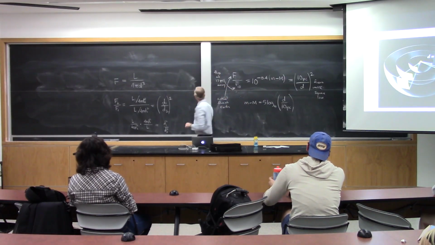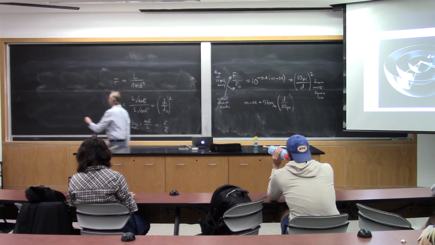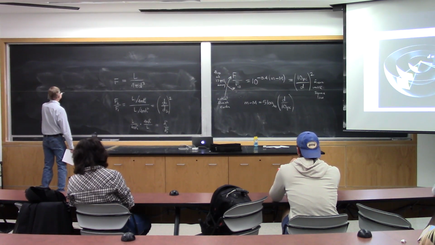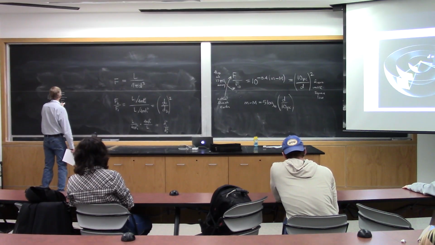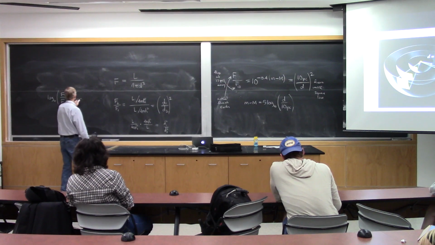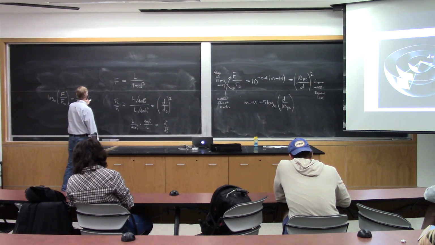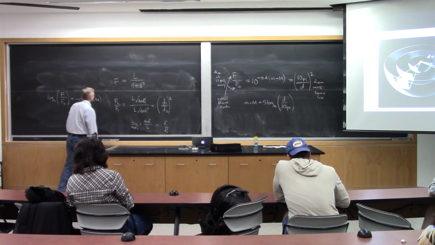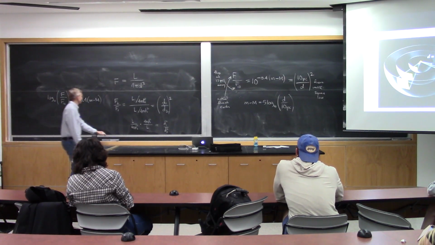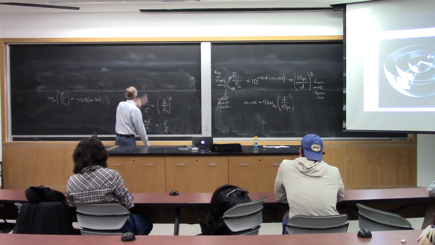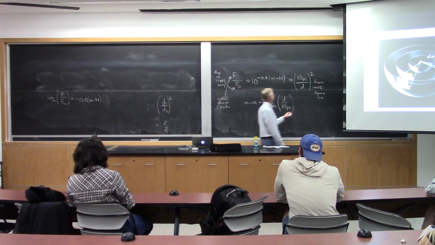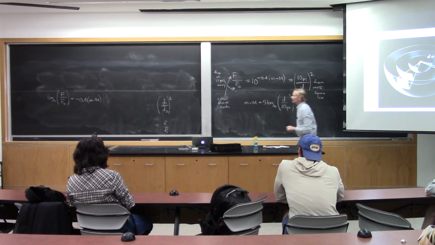Take the logarithm, right? So I take the logarithm, so that says base 10 logarithm of F over F10 would be equal to minus 0.4 little m minus big M, equals, what happens when I take this logarithm?